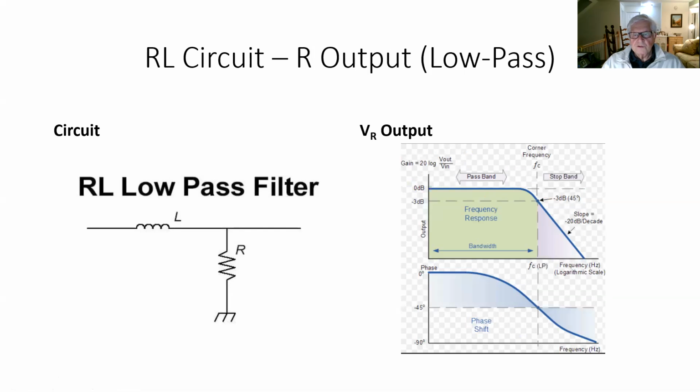And if we switch those two around, then we get the opposite picture again. But still, we get the phase angle changing in such a way that at 45 degrees, we get that cutoff position.